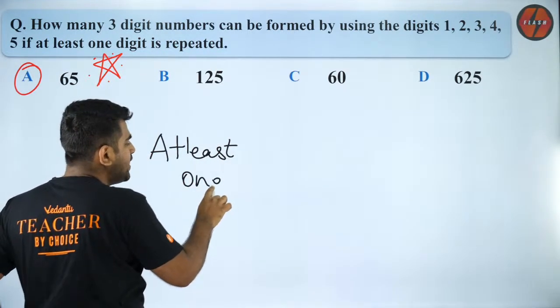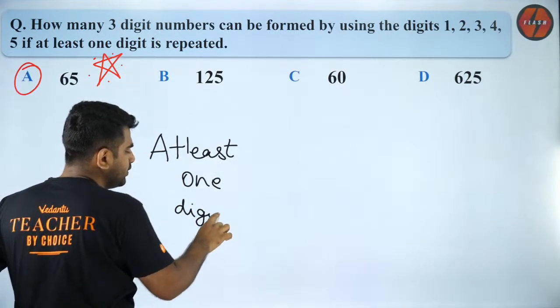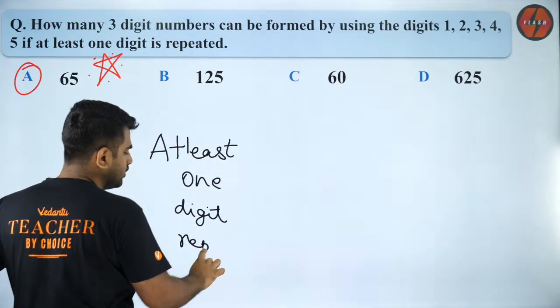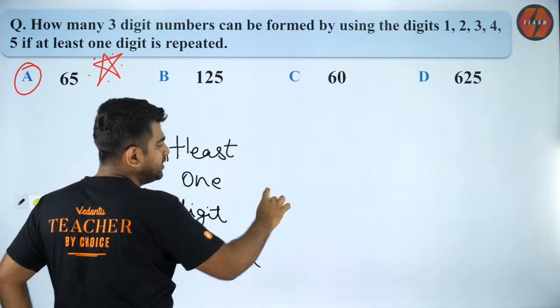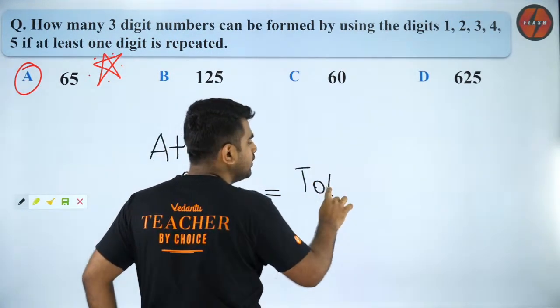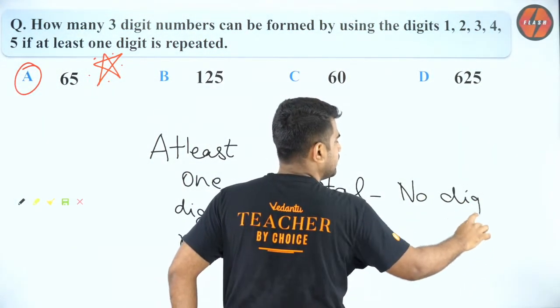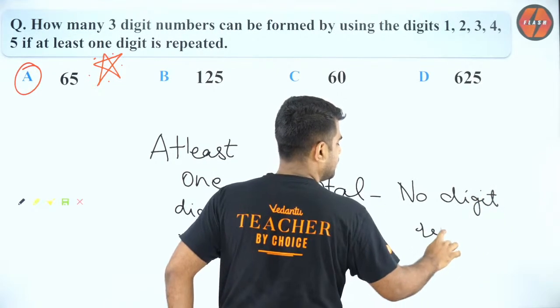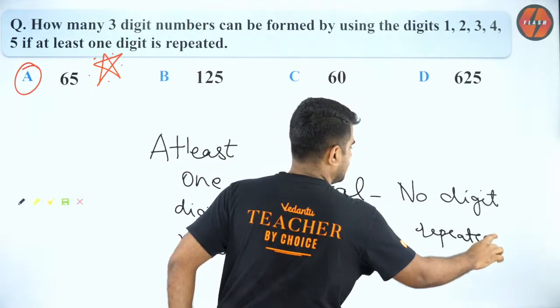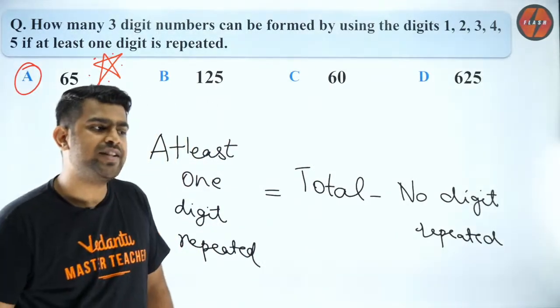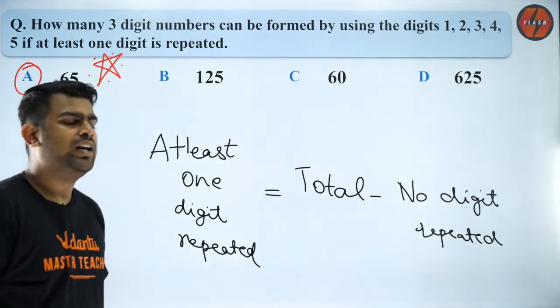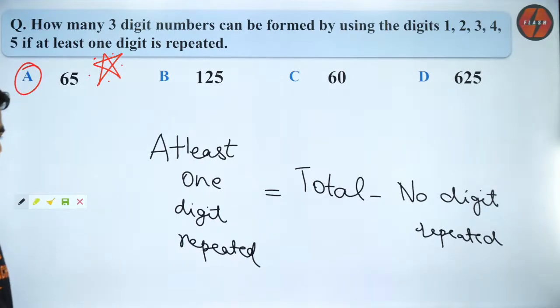At least one digit repeated is equal to, can I say, total minus no digit repeated? Are you guys able to understand? How many of you are able to understand this? Everybody able to get this now? This is the easiest way to solve it.